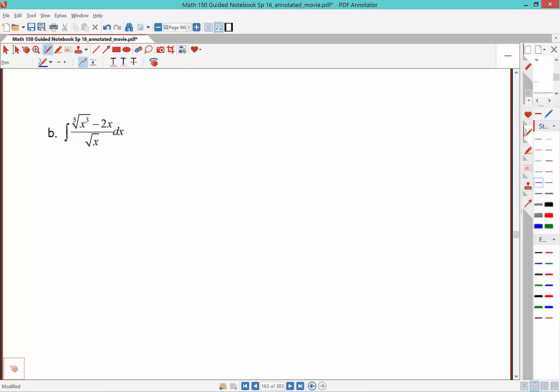So how do we do that? Good, we rewrite it. So this is the integral of, remember it goes power over root, so we have x to the 3/5 minus 2x to the 1, and that's being divided by x to the 1/2, and this is with respect to x.